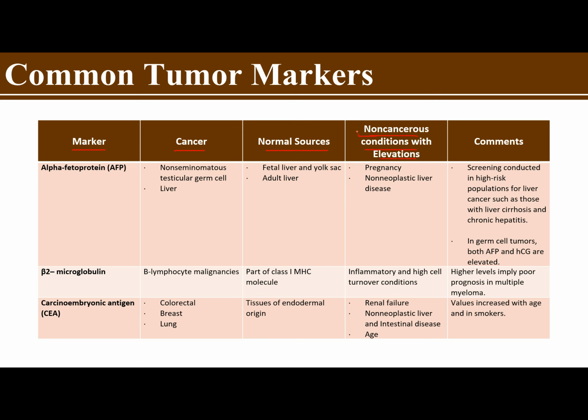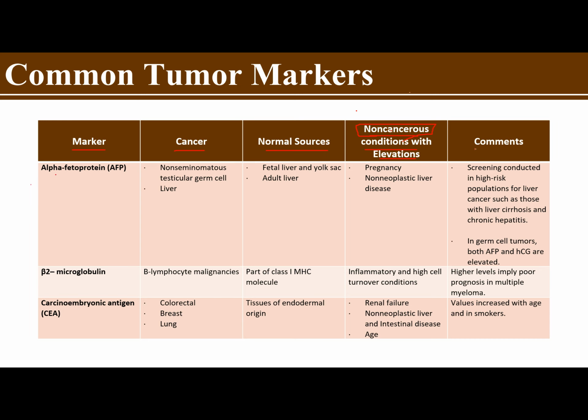Just to make this clear, non-cancerous conditions, class, as I mentioned earlier, there are some conditions wherein your tumor markers would be elevated, not just because of cancer. That's why you need to do further testing to verify or to confirm that the cause is actually a malignancy or a cancer. And here you would find additional comments.